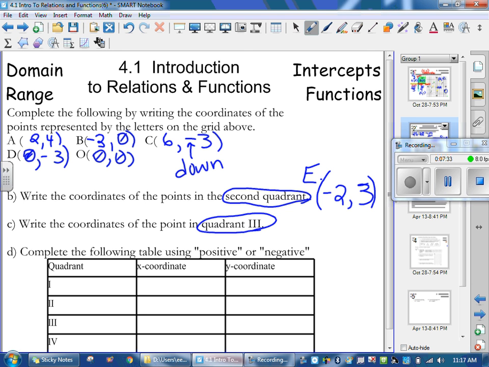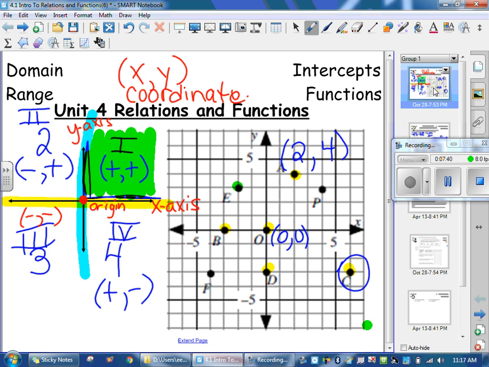Now let's look in for quadrant 3. What is the only one sitting in quadrant 3? Letter F. Good. This guy's sitting in quadrant 3. So how far left does he go? 4. How far down does he go? 3. Good.